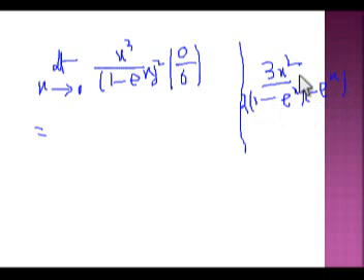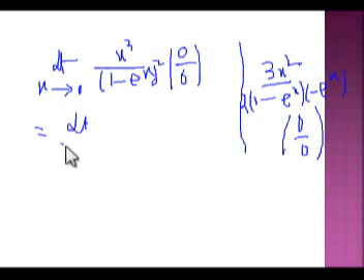So this will again get 0 by 0 form. We cannot put the limiting value because the denominator is 0. Again we are getting 0 by 0 form, so we will continue the differentiation procedure. So again x tends to 0 and we will now write the differentiated form.